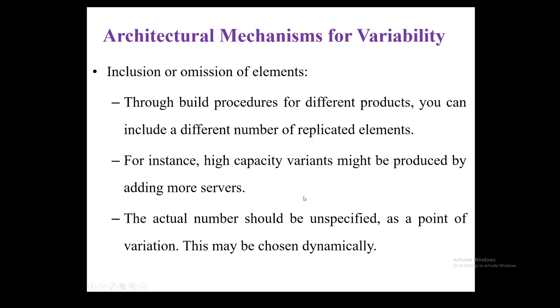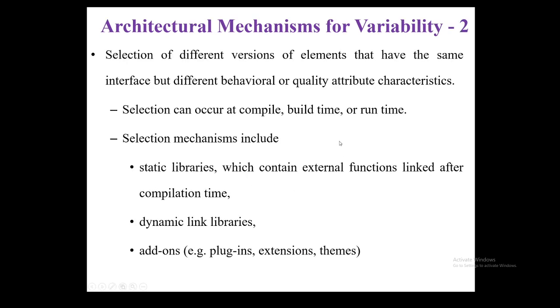The actual number should be unspecified as a point of variation. This may be chosen dynamically. You cannot decide that you are going to use only this many servers. That cannot be defined, that is only unspecified. So according to the dynamic process, more could be added, right?